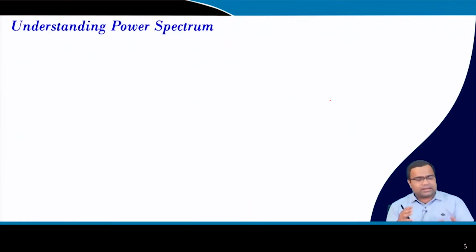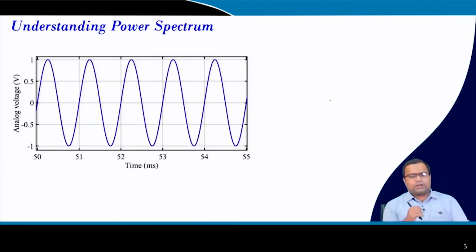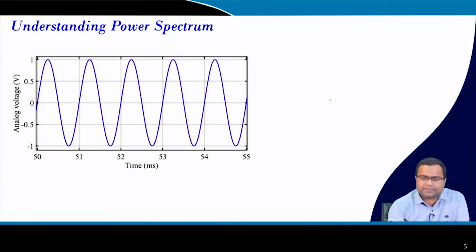So, we need to first understand the power spectrum. What is power spectrum? Suppose we take a pure sine wave. You can think of it like a sinusoid; it can be sine, cosine or a combination.